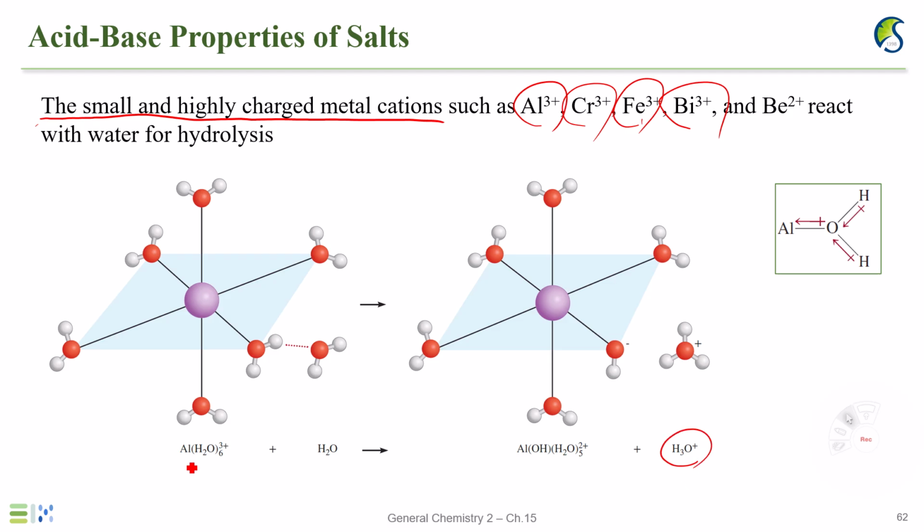So for example, based on these schematics, the highly charged cations can attract OH minus from water, leaving H3O plus behind to make the solution acidic.